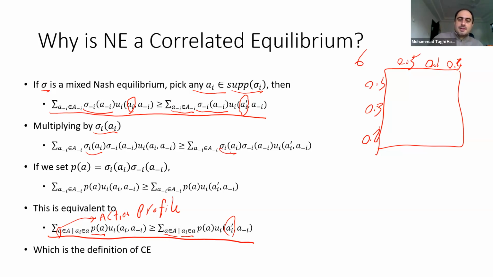Now, let's set, what was P of a? P of a essentially, we can put it, the probability of an action is indeed equal to sigma of a_i times sigma_{-i} of a_{-i}. And note that it is important, this is for Nash equilibrium. These two are independent.